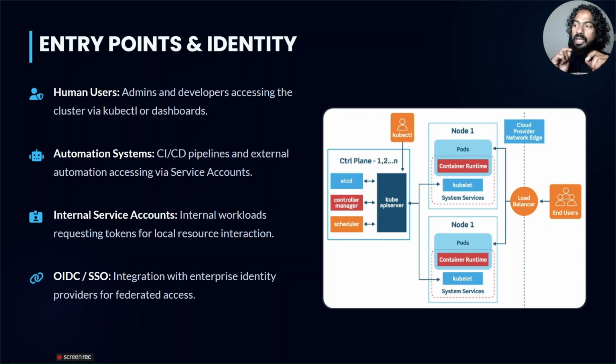But the real question here is how tightly these identities are scoped. Whether these are really required, whether these are really intended to do that particular work. That needs to be verified as well. During assessment, the first thing I usually ask is, who can reach the API server? That's very important. And how are the tokens issued? What happens if one of those tokens gets stolen? These need to be our focus at this particular layer.